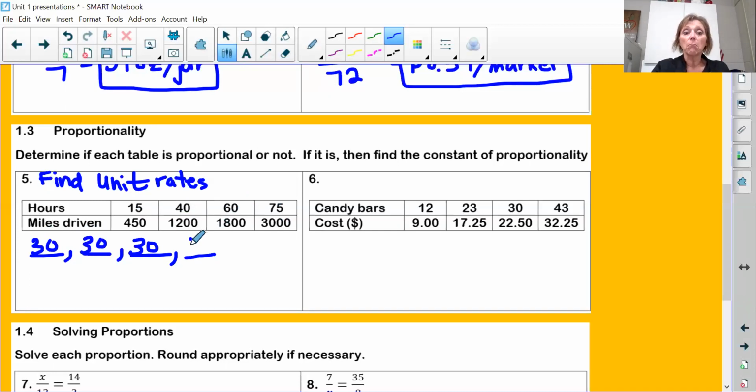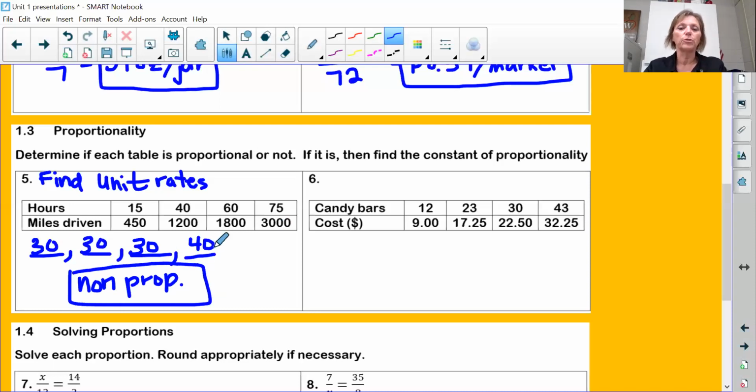Oh, that is 40. I'm going to look at this and compare. They are not all the same, so I'm going to call it non-proportional. Okay, so there's my answer, but this is my work. Remember, Friday, if you do not show work, you lose a point.